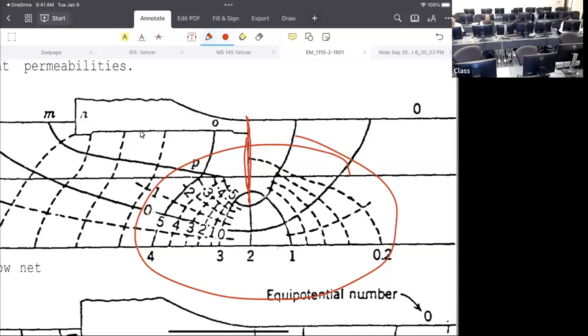The best benefit comes if you force it into an impermeable layer of soil, so the water has to pass through all the small pore spaces of the clay. It's very difficult to pass through, so it dissipates most of the energy.